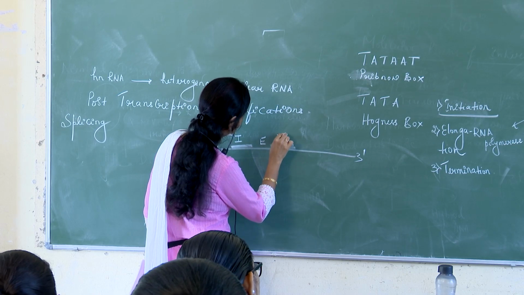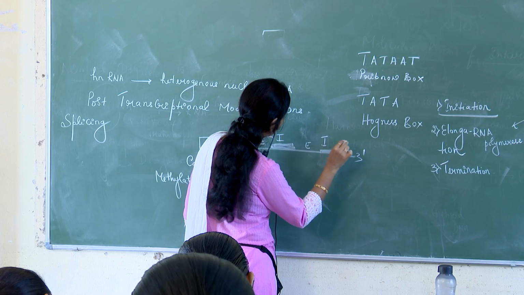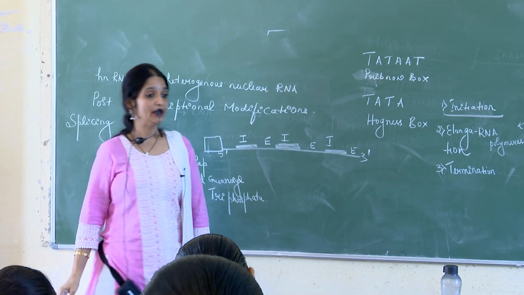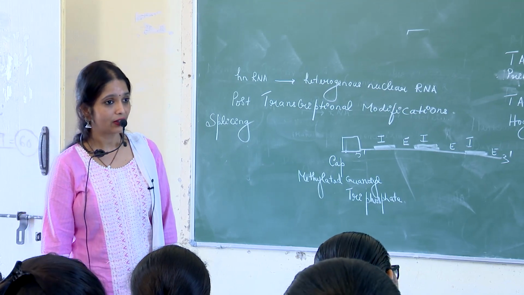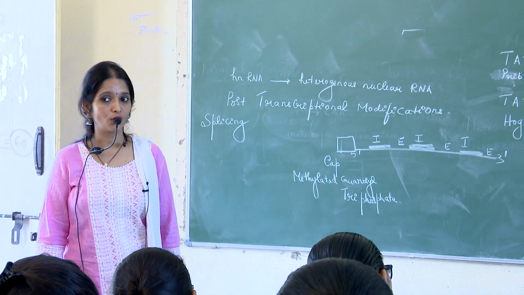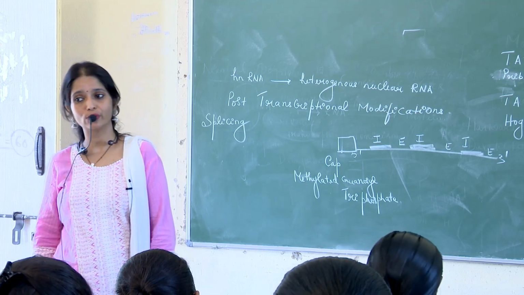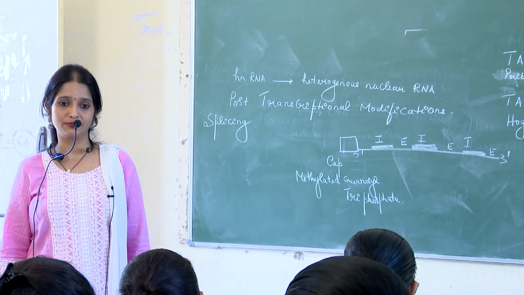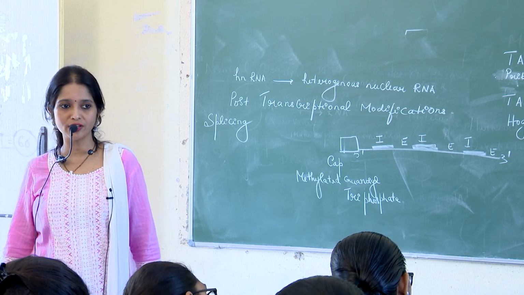So there is intron, exon. Again there is intron, exon. Intron is the non-coding region. Exon is the coding region. Now what is needed? Exon is needed. Intron is not needed.